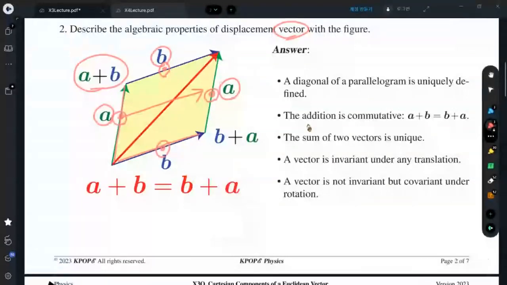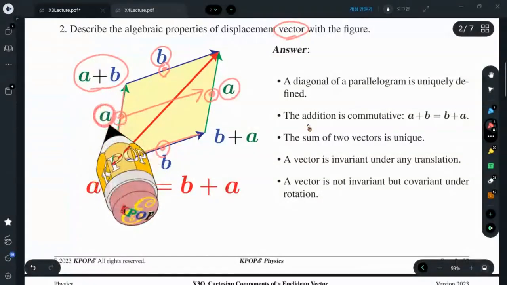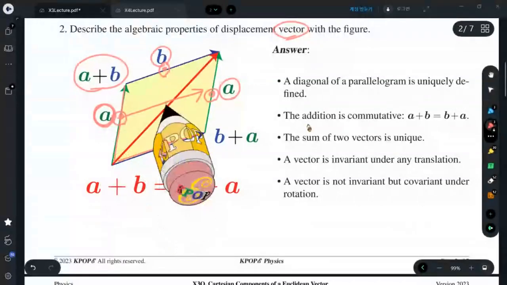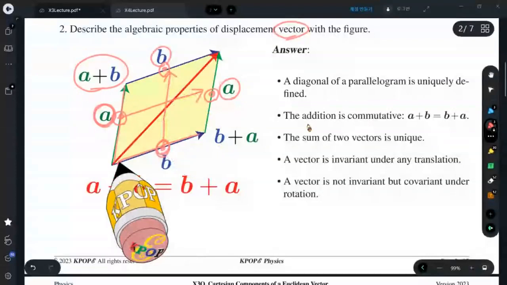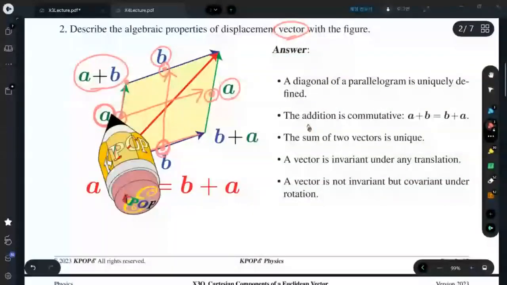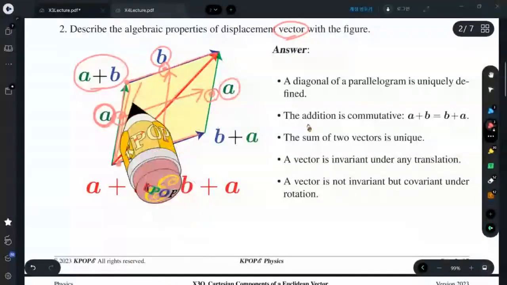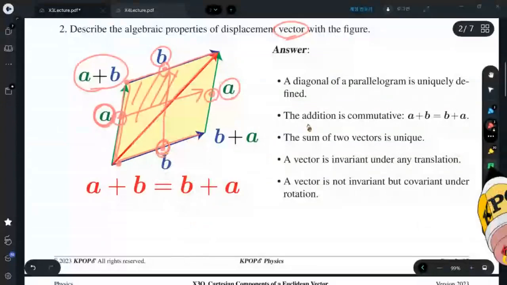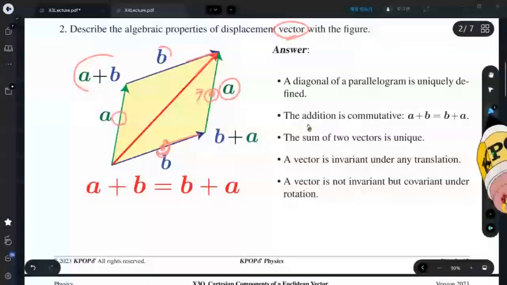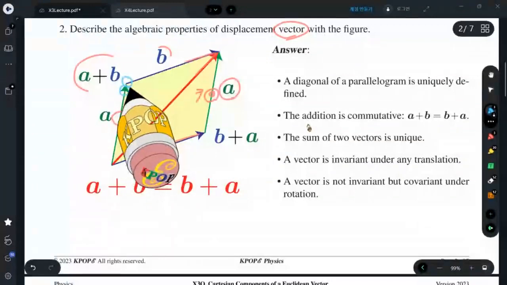To make an operation A plus B, we keep A the same, invariant, and translate B to make its tail overlap with the head of A. In that case, we can find a triangle, where the head is connected to the tail.